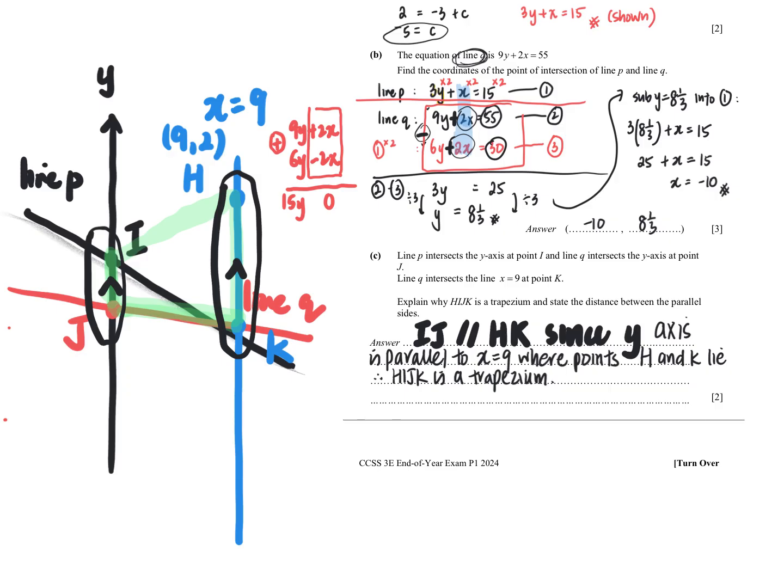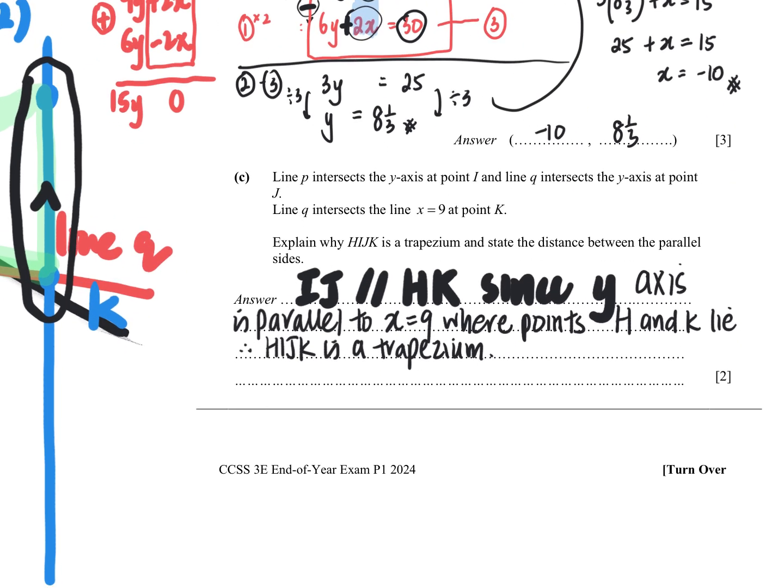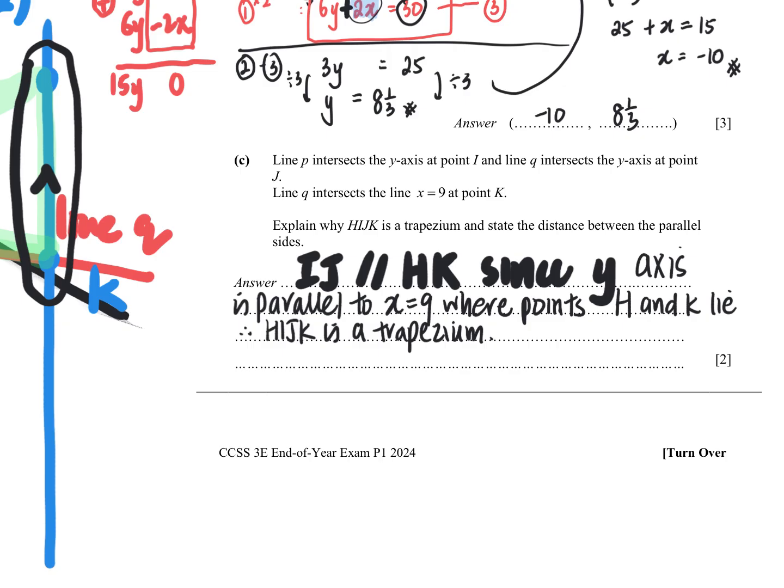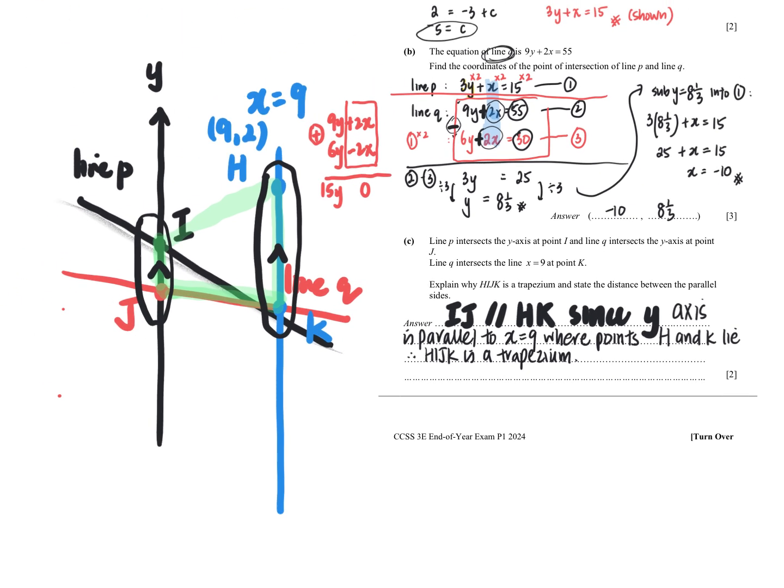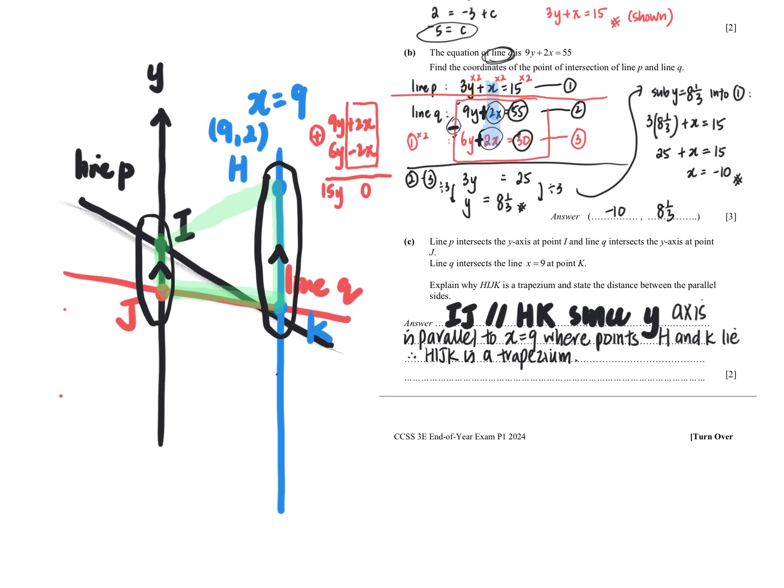Okay, so this is the important thing. Next, they say, can you state the distance between the parallel lines? So you ask yourself, what is the distance between this set of parallel lines? You look at what we know. We know this line is x equals to 9. What is x equals to on this line?